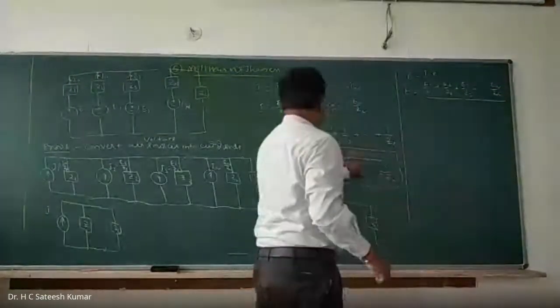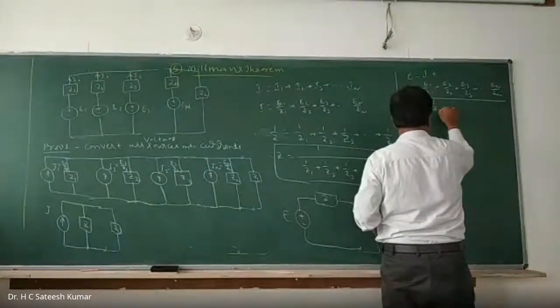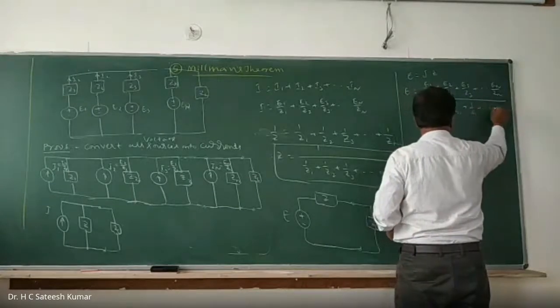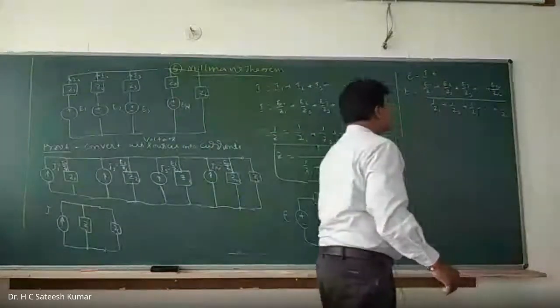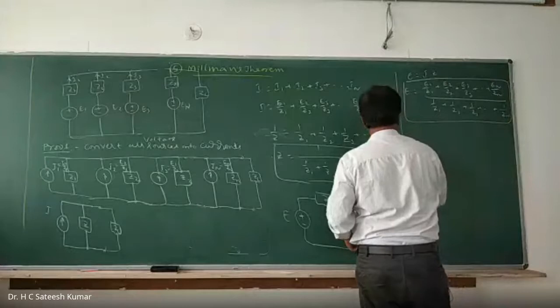Z is 1 divided by this much. 1 into numerator, whole thing is divided by 1 by Z1 plus 1 by Z2 plus 1 by Z3 plus so on to 1 by Zn. So that is your E and this is your Z.